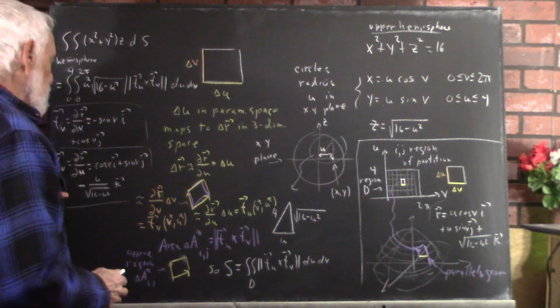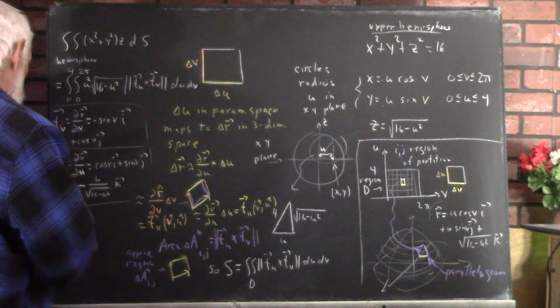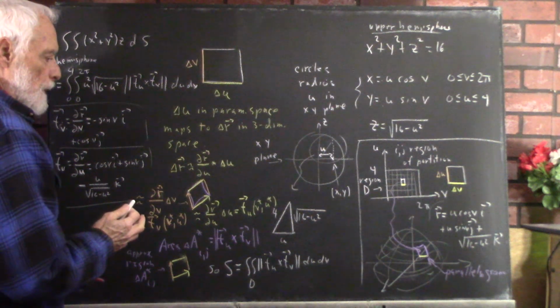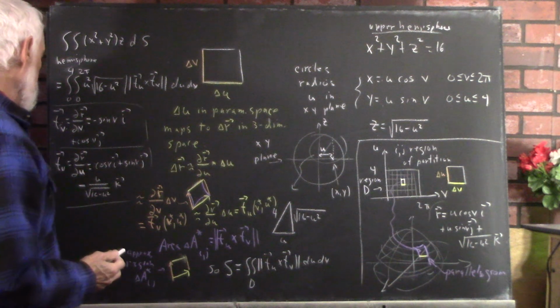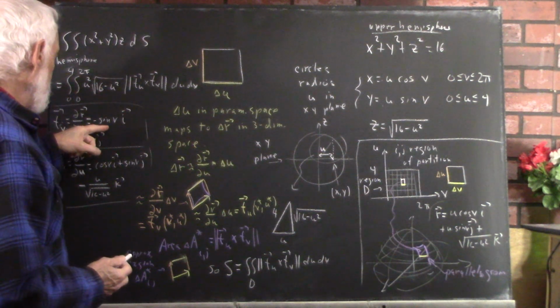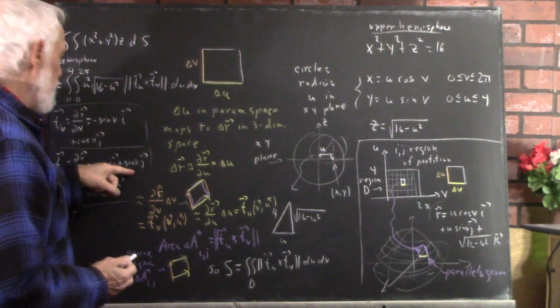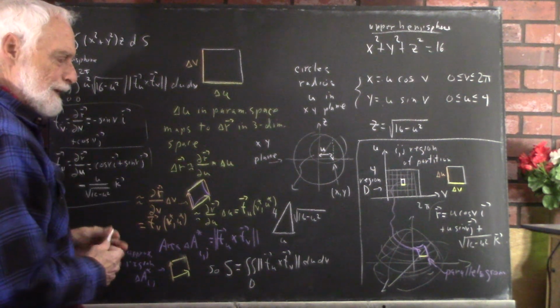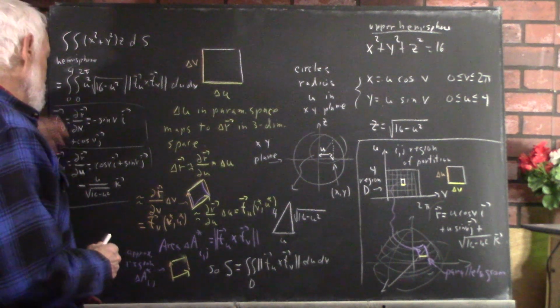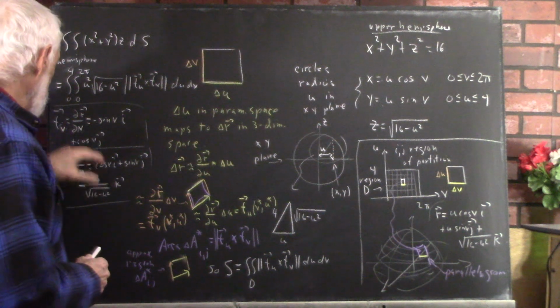Well, we can do the cross product. There's enough stuff here. I like to do cross products by distributive law, which is fairly easy. You do sine v i cross with sine v j, you're going to get a sine squared v times negative i cross j, which is going to be negative k, and the cosine is going to match up with this, and then this is going to match up with this.